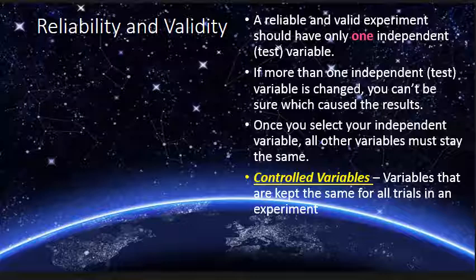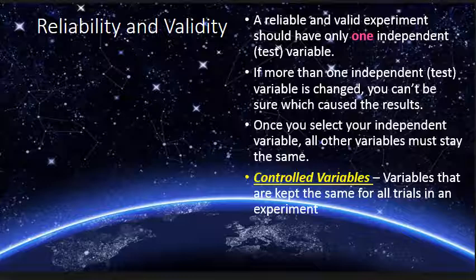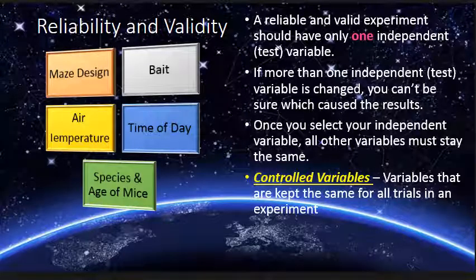Once you've selected the independent variable, all the other variables have to stay the same. Again, that's so that you can make sure that the independent variable was the one that causes whatever changes you see. The variables that are kept the same for all trials and experiments are considered controlled variables. So in the race in the maze for the mouse, you want to make sure the maze design you use for each trial is the same.